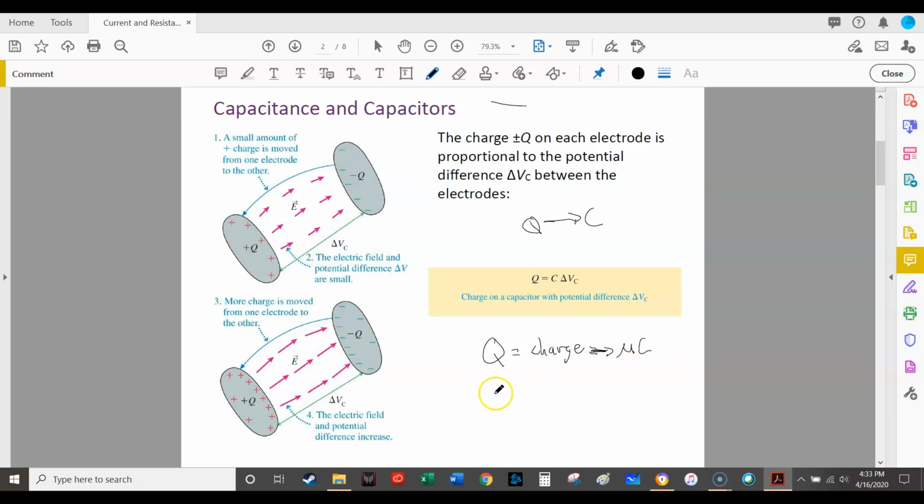The voltage difference between the two plates is the potential difference, also known as voltage, and that unit is appropriately a volt.